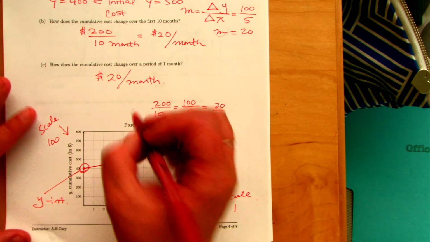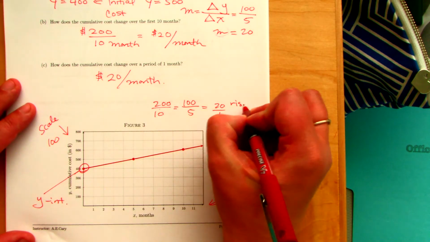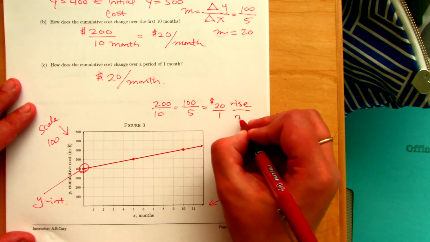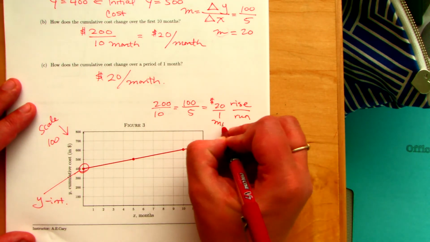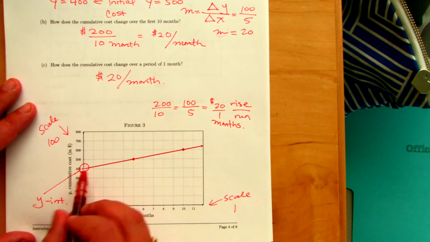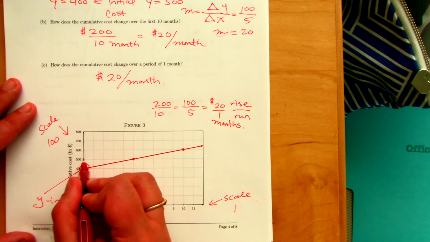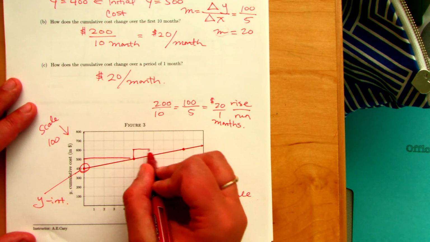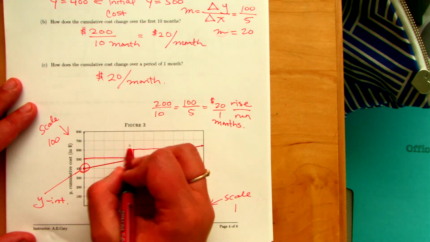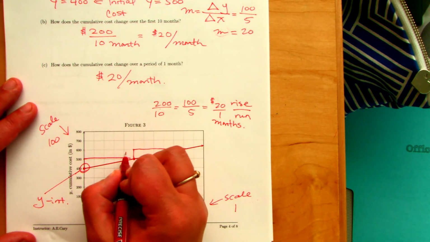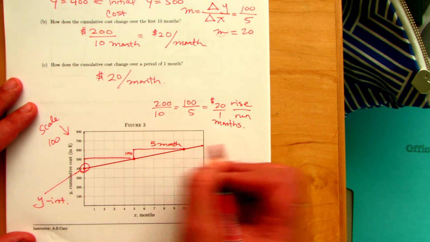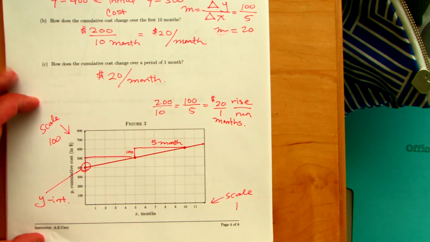And what you're seeing here is our rise in cost over our run, which is months. So our rise of $100 over 5 months, $200 over 10 months. So we could say we're going up $100 for every 5 months, which is the equivalent of $20 per month.